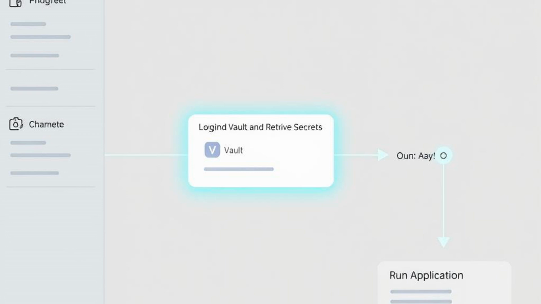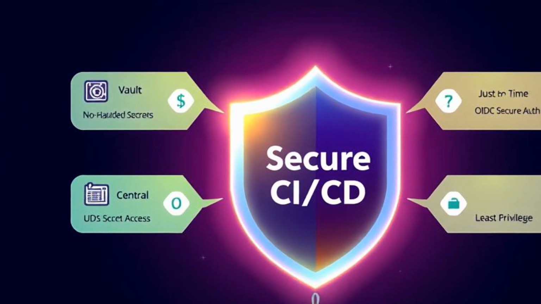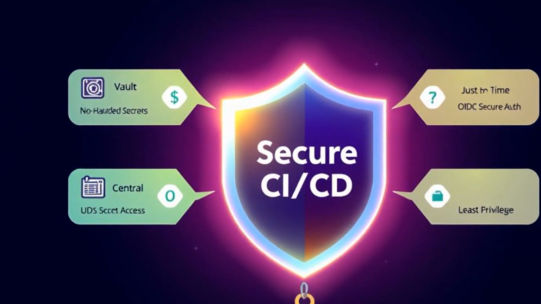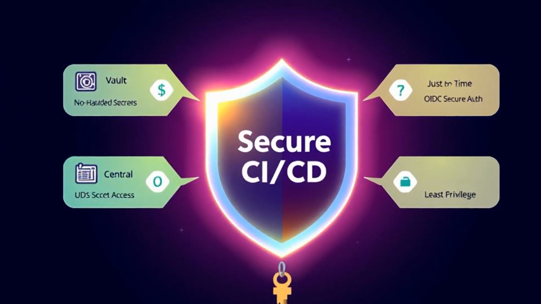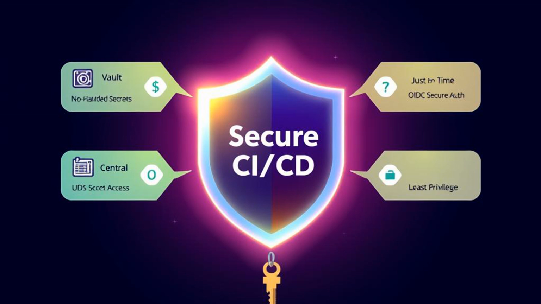This script handles enabling the KV secrets engine, writing a sample secret, enabling the OIDC authentication method, configuring it to trust GitHub Actions, creating the necessary Vault policy to grant read access to our secret, and finally, defining the OIDC role that binds GitHub action identities to this policy. This scripted approach ensures consistency and repeatability, demonstrating the full lifecycle from setup to secret retrieval in a reproducible manner.